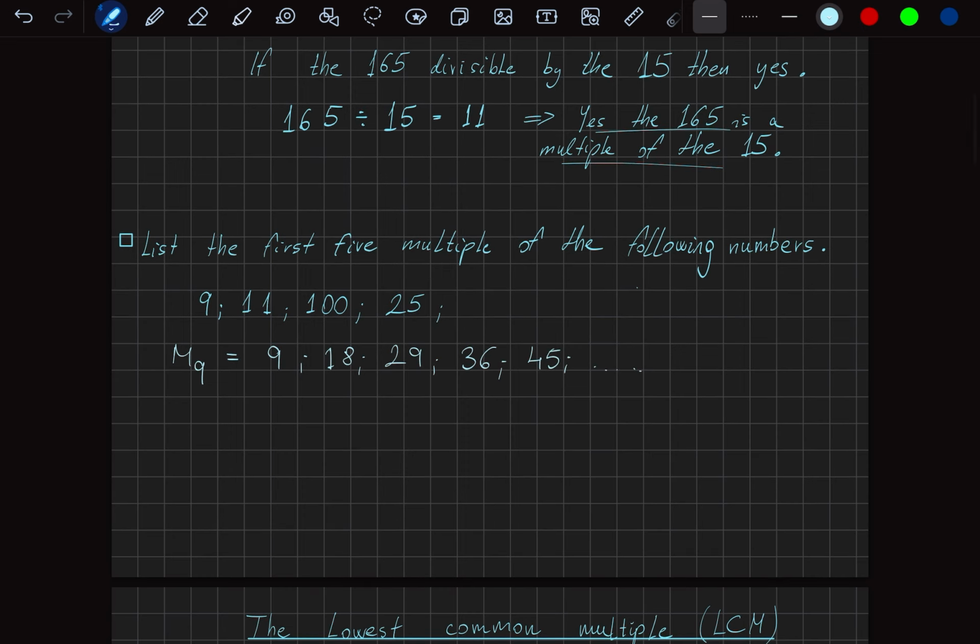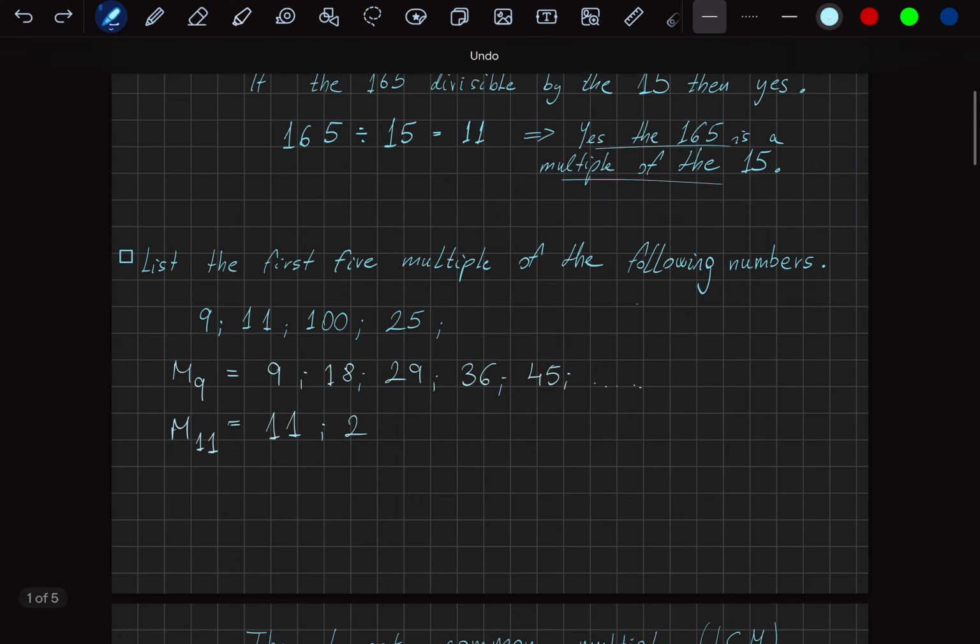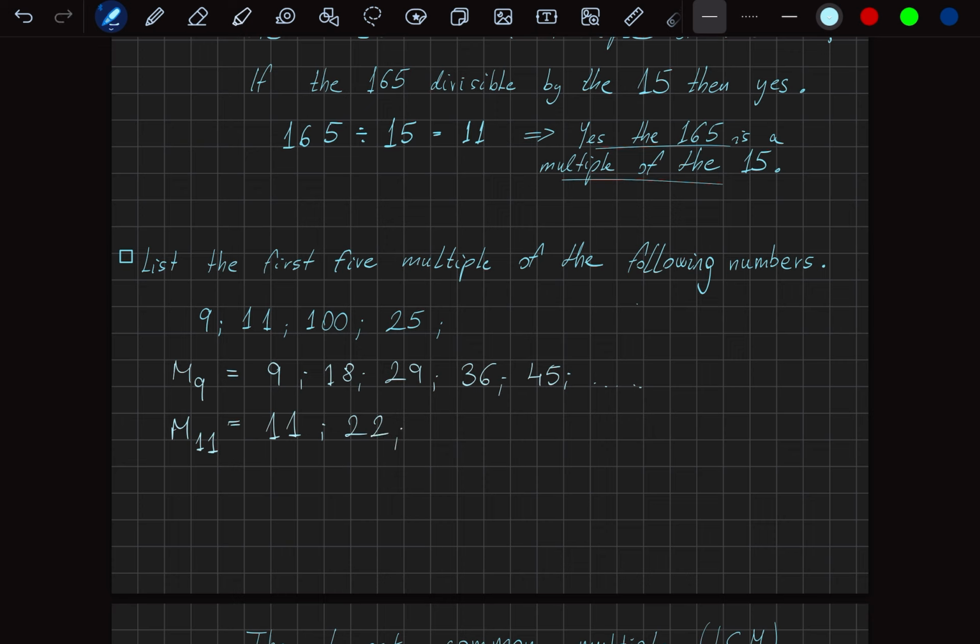There are more, so basically, the multiplication table. Multiples of 11: 11 times 1, 11 times 2, 3, 4, and 5.